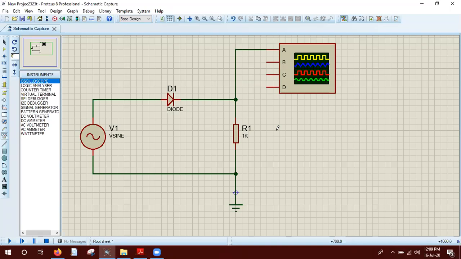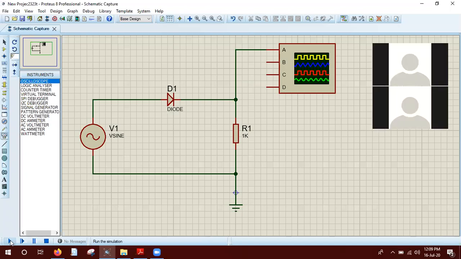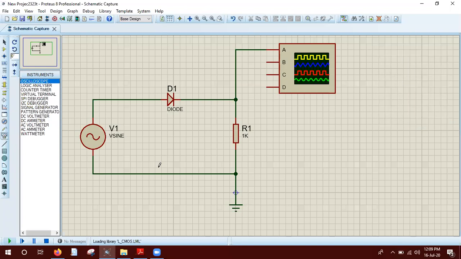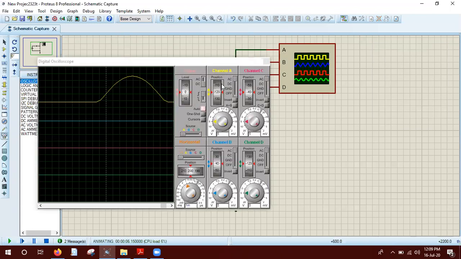After connecting these, we will go to the run simulation button, at the lowest left corner, and we find a graph. We connected in channel A, so whatever we do, we do in channel A. There are four channels available here, and everything is similar.